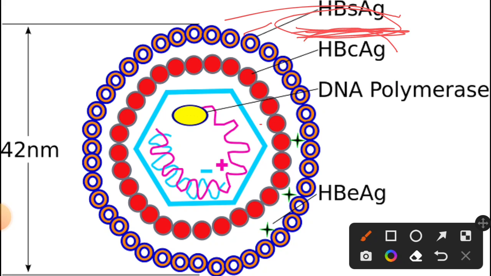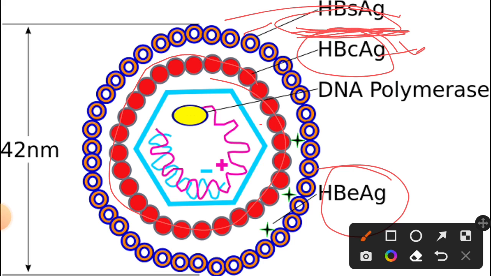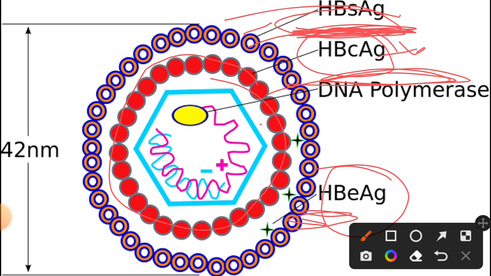Another type of antigen is present on the nucleocapsid, that is HBcAg, the hepatitis B core antigen. Another one is HBeAg, the hepatitis B envelope antigen. So a total of 3 types of antigens are present: HBsAg, HBcAg and HBeAg. Among them, vaccination against HBeAg and HBsAg is most preferable.